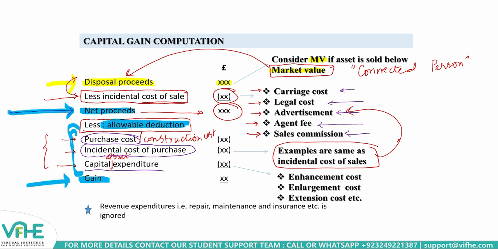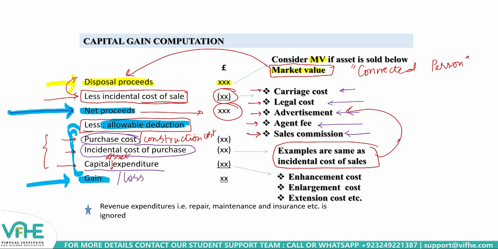This would mean that you have made a loss on the disposal of the asset. So technically you will be comparing the net proceeds received over the disposal of a non-current asset with the cost that you have incurred on such asset. If the proceeds are higher than the cost, that means you have made a gain. But where the cost is higher than the disposal proceeds, that means you have made a loss.